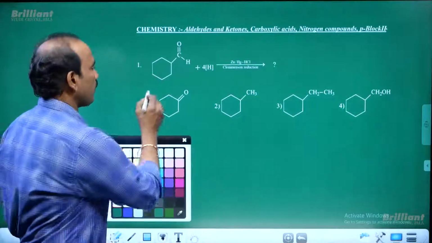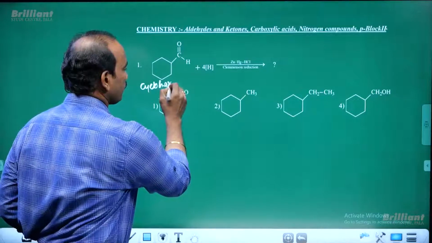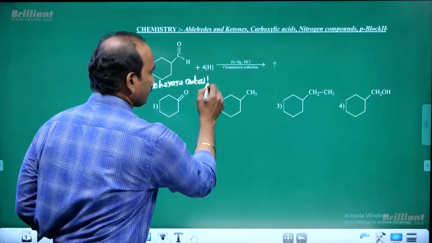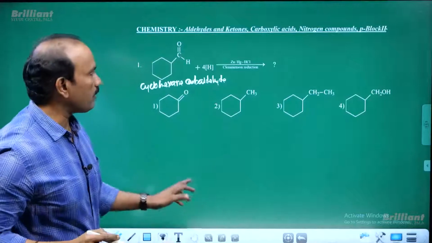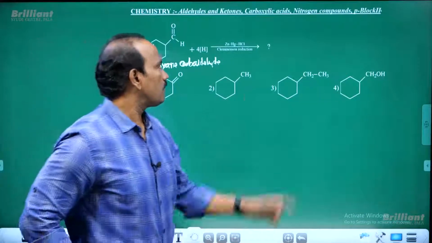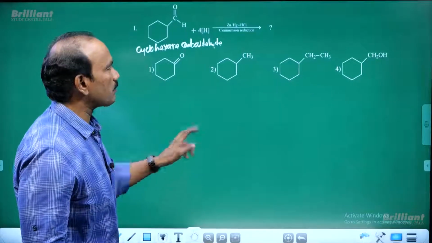Cyclohexane carbaldehyde. Cyclohexyl carbaldehyde is reduced with zinc amalgam and KOH. That is called Clemmensen reduction.